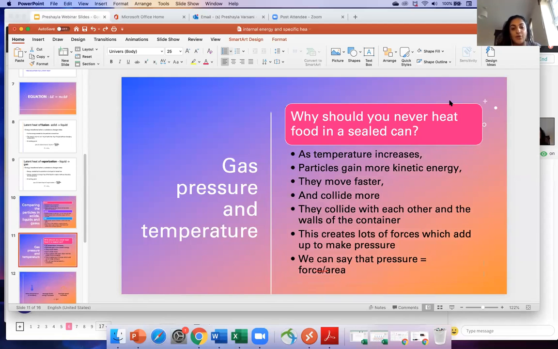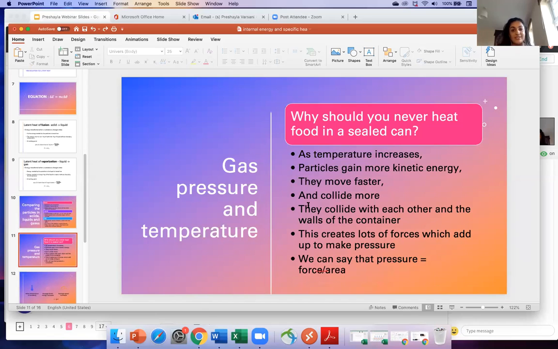Okay, so as we heat food in a sealed can, the temperature increases. We know that. So as the temperature increases, the particles gain more and more kinetic energy. Remember, temperature is directly related to kinetic energy. And kinetic energy is directly related to speed.